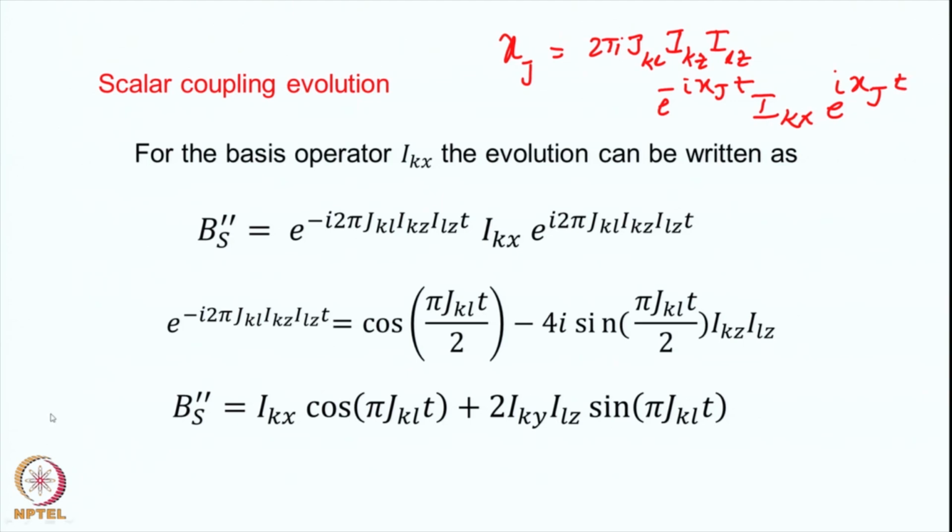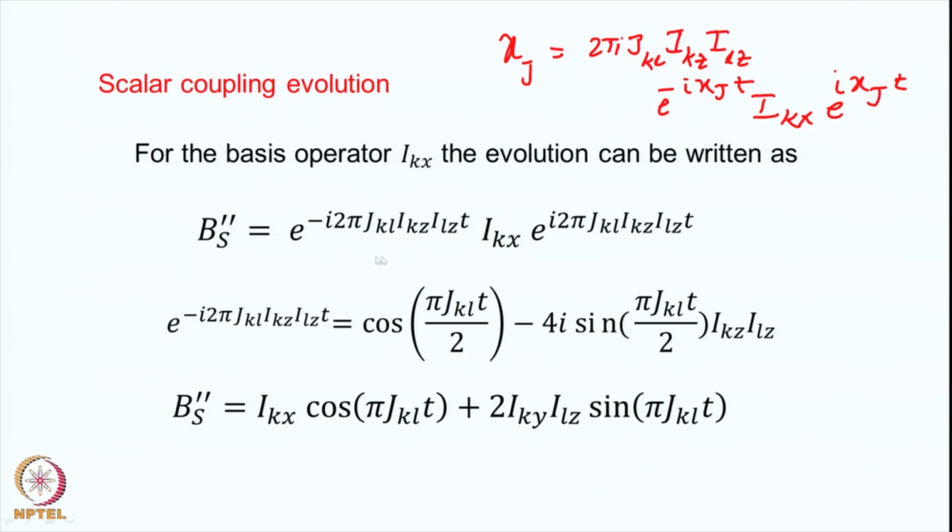If I explicitly write this here, I have this sigma double prime, the operator that we get as a result of the evolution. Here you have e to the minus i 2 pi jkl ikz ilz t ikx e to the i 2 pi jkl ikz ilz t.